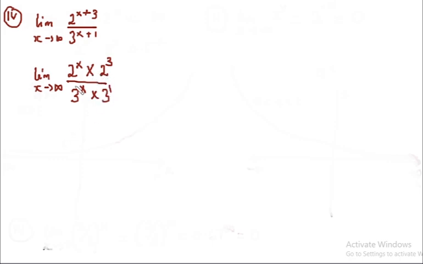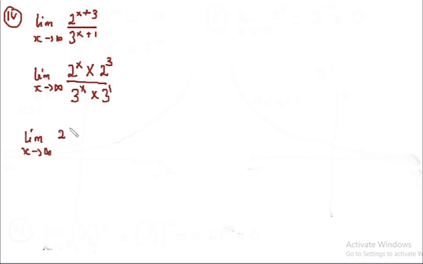I can still further simplify it by saying the limit as x approaches infinity of, I can break these two out of each other because I have an x power here and an x power here. So I'll put them in one fraction, and I have a constant power and a constant power here. I'll put them in one fraction.